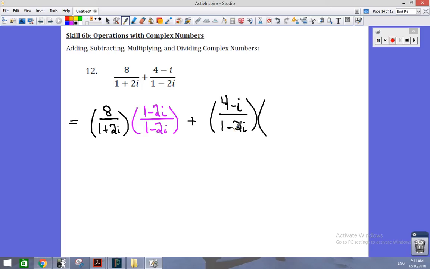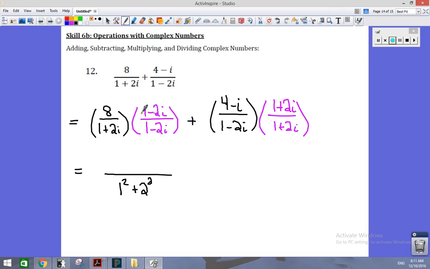I'm going to multiply by the number 1 so I don't change the value. It's going to change the appearance, but not the value of the number. I'm going to have 1 plus 2i and 1 plus 2i. So I know that I don't have to make a table for this denominator, that it's going to be a squared plus b squared, where a is 1, b is 2.